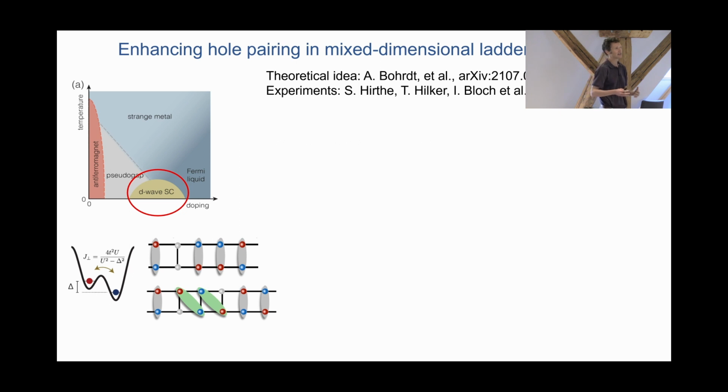Therefore, this seemingly contradictory idea of enhancing exchange while suppressing single particle tunneling is not so ridiculous. And I think Gil had related ideas for using light, but in this case, it's done by engineering the system.